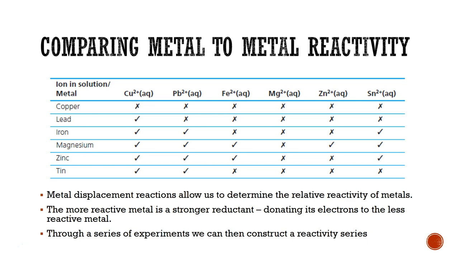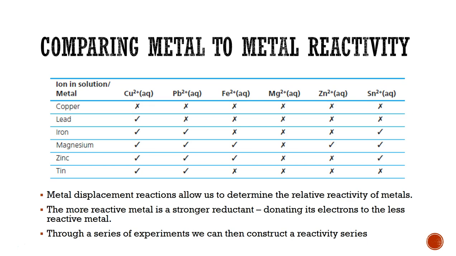One of the other things, other than looking at the reactivity with oxygen, water or acids, that we can do is look at the reactivity of metals compared to each other. If you think back to the demo that we did where we put the piece of copper into silver nitrate solution, one of my favorite reactions, and we see those beautiful silver crystals forming on the edge of the copper, or even back to the metal displacement reactions we did way back in the beginning of our studies in ECP and early in term 1.